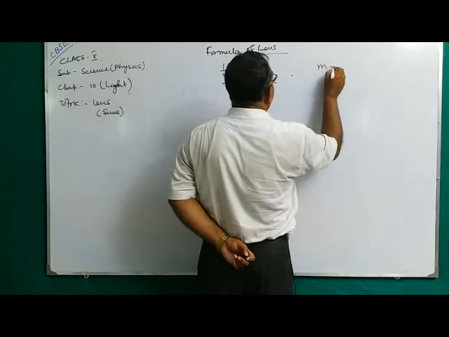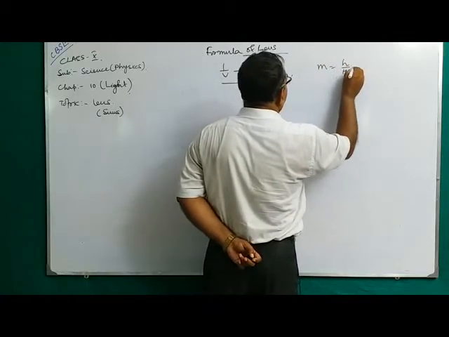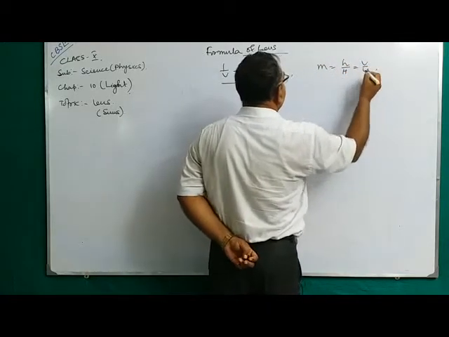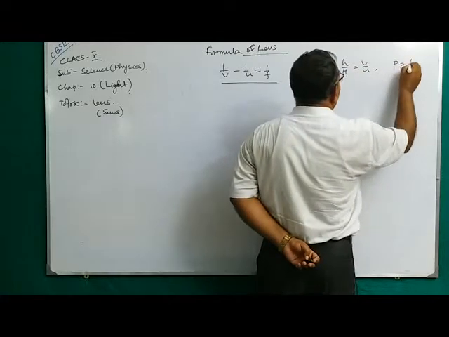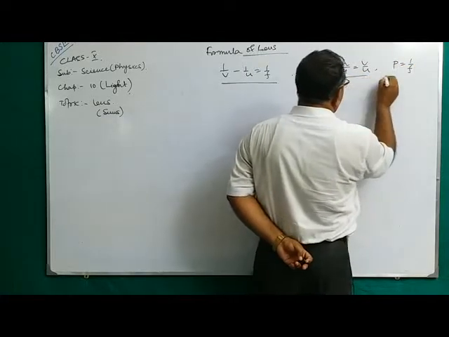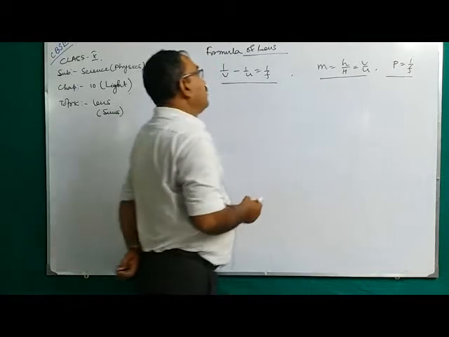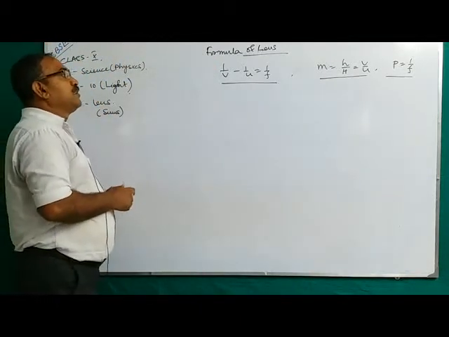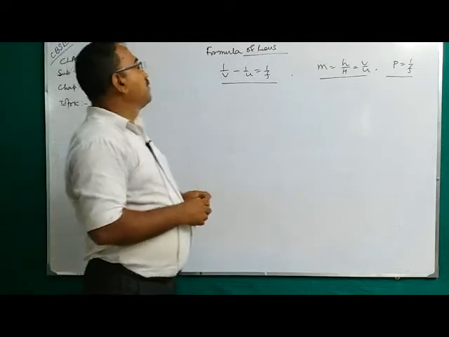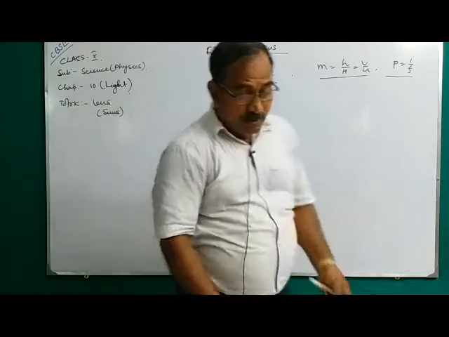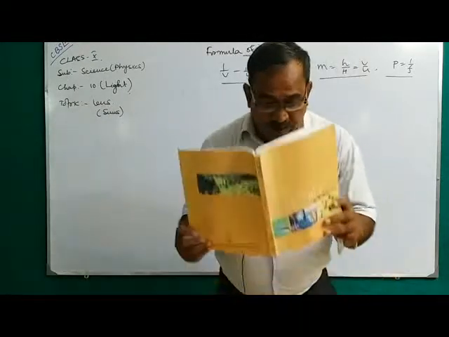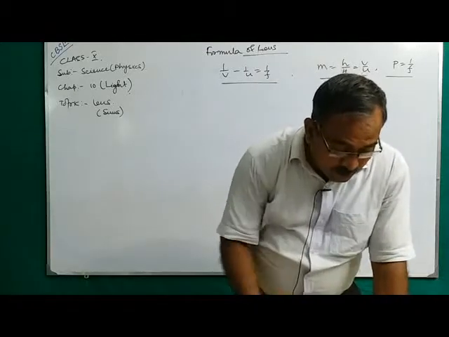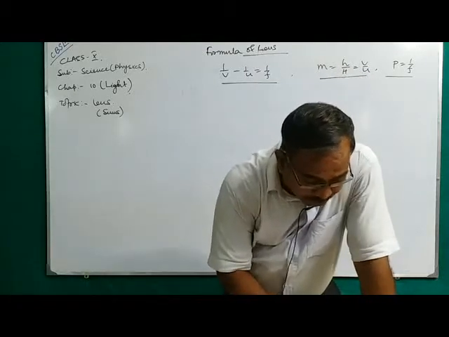Magnification m equals small h by capital H equals V by U, and P equals 1 by F. Those are the formulas. With the help of those formulas, you can solve the numericals. Suppose from your NCERT book, you check it. So many numericals are there.